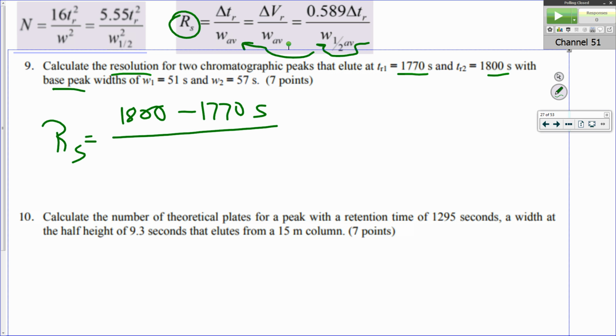And on the width, I just need one half, or the average peak width. So I'm just going to take the two and average them together. 51 plus 57 seconds, averaged together, is 54. So I've got 30 divided by 54, if I did my math right.